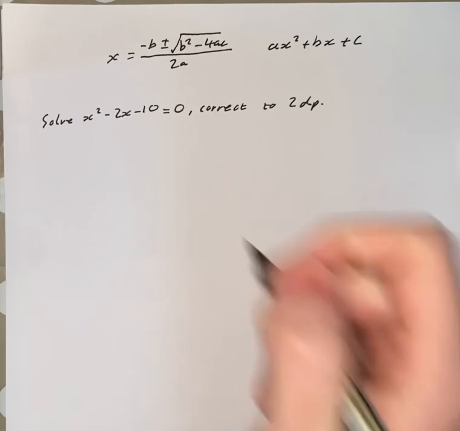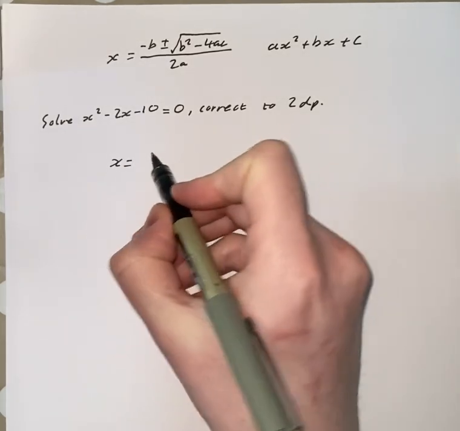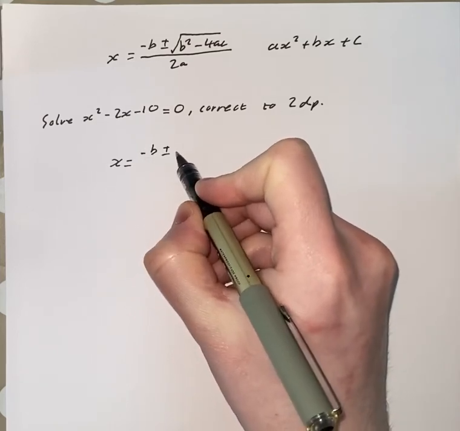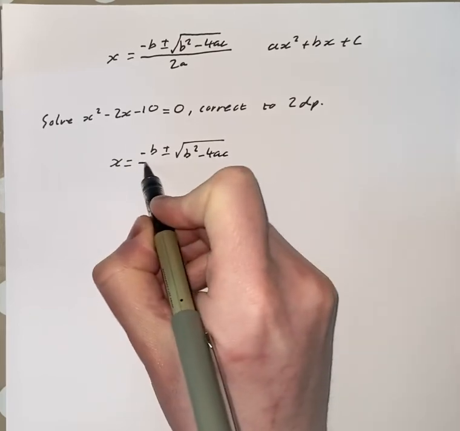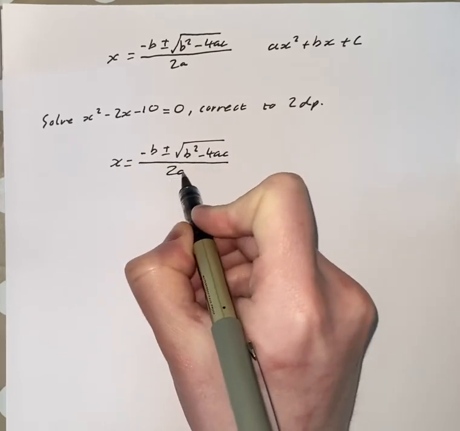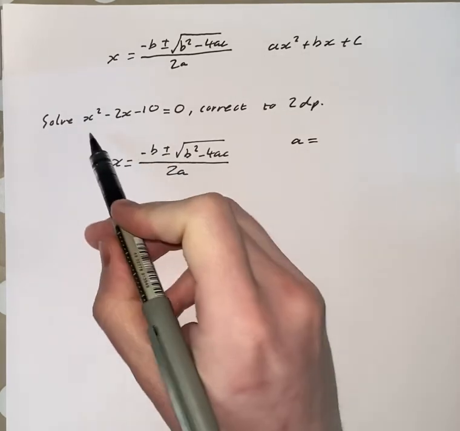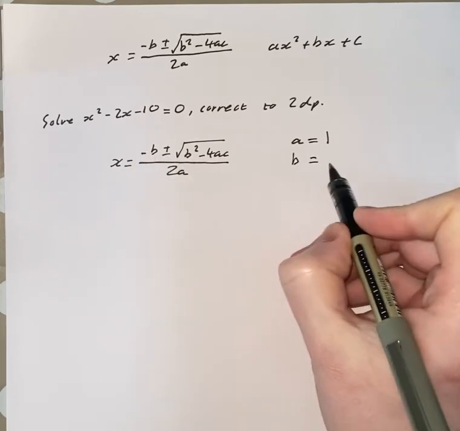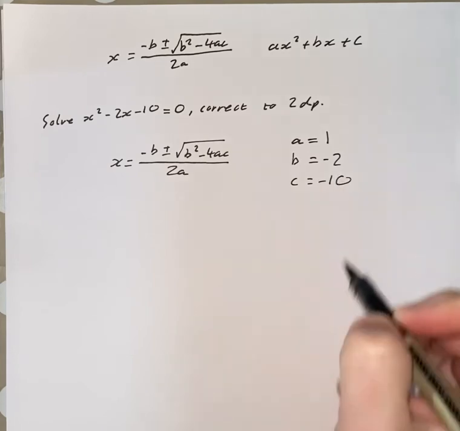Okay, and so what we're going to do is set up and say that x, so our solutions, is minus b plus or minus the square root of b squared minus 4ac all over 2a. In this case, we've got a equals 1, b equals negative 2, and c equals negative 10.